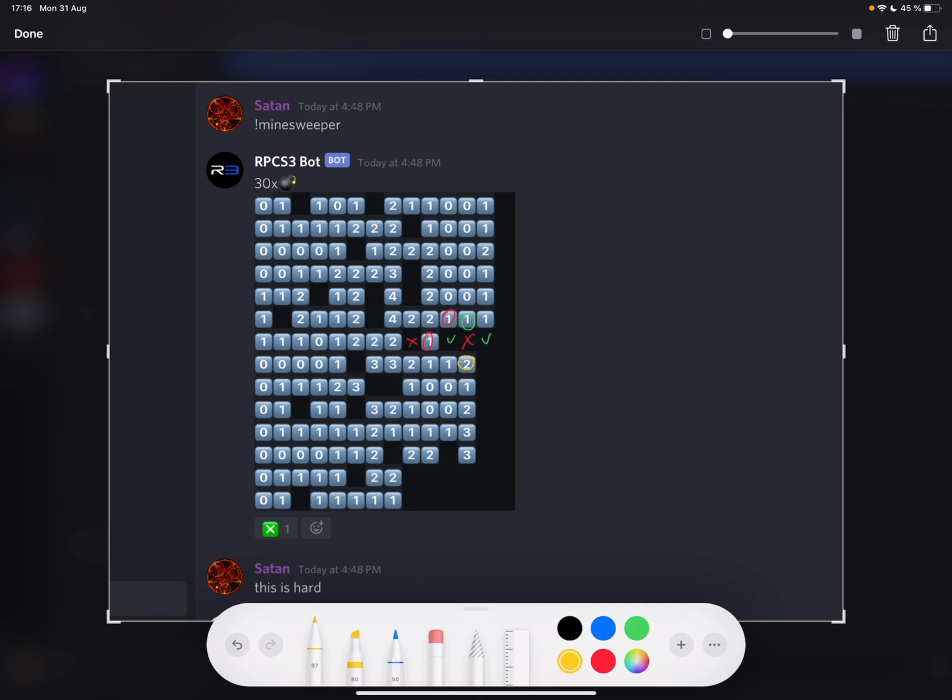Now this 2 is already touching a mine, so there is a mine either here or here. And this 1 would mean there is no mine here. And these 2 would tell us where the mines are.